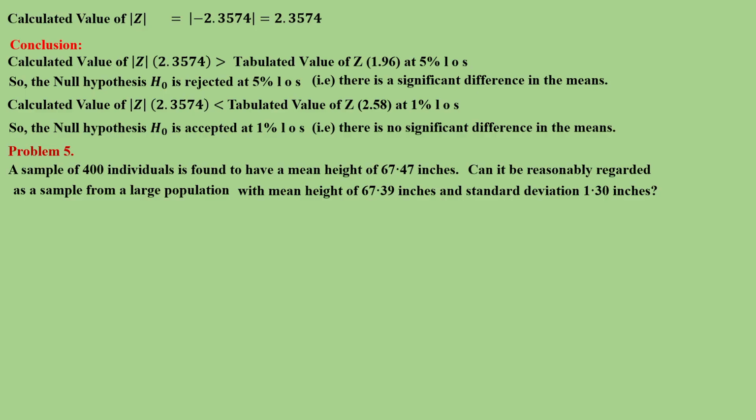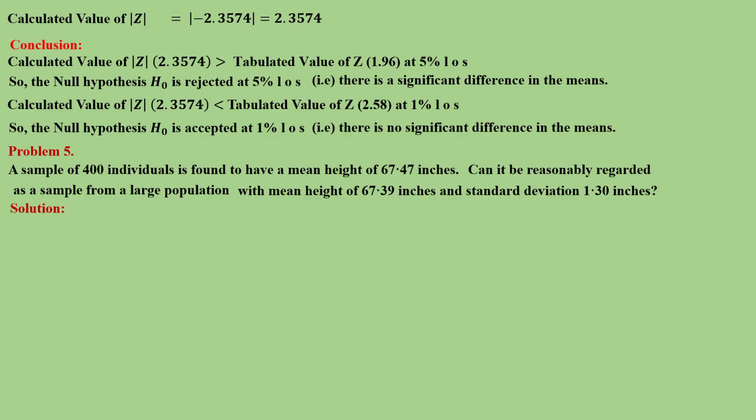So first we take that there is no significant difference, that is, the sample mean is reasonably regarded as from the population mean 67.39. The sample is from that population. There is no significant difference between sample mean and population mean. That is our assumption H0.